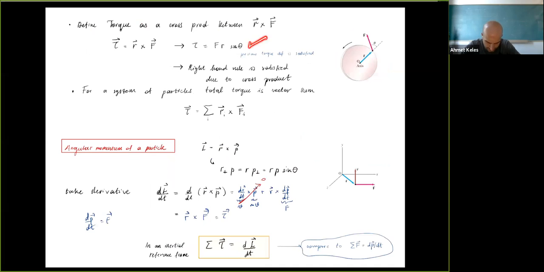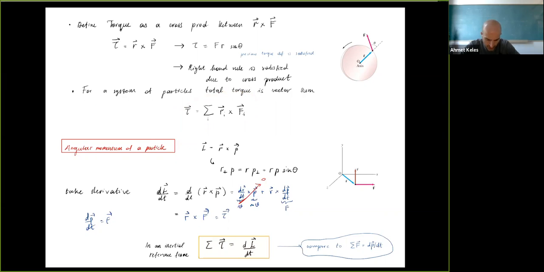Let's check. The direction also obeys the right-hand rule because the cross product obeys the right-hand rule, so the direction also matches. That's the definition of torque. And if you have a system of particles, since each torque is a vector, we can find the total torque as a vectorial sum like this.